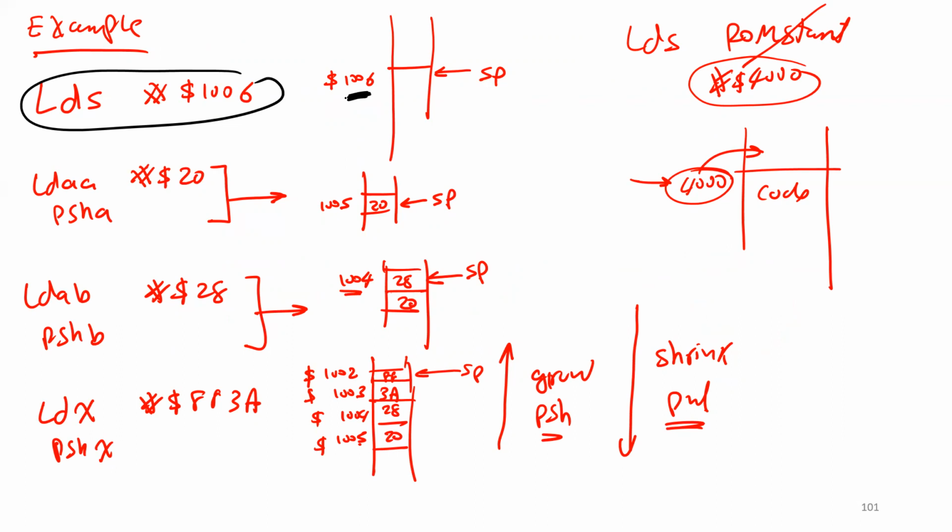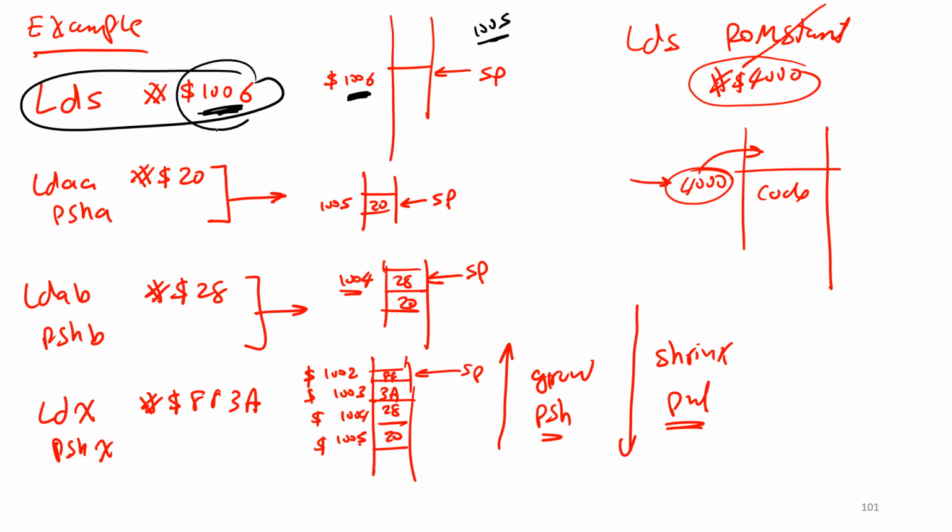I told you that when I say stack pointer at 1006, it doesn't actually start at 1006. It's going to start at 1005, because when I write, I decrement first and then write.